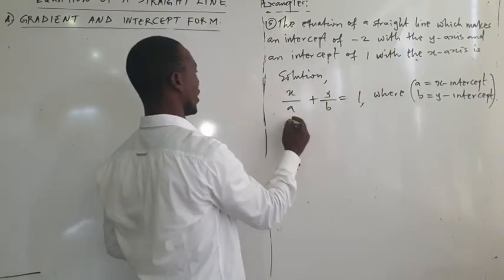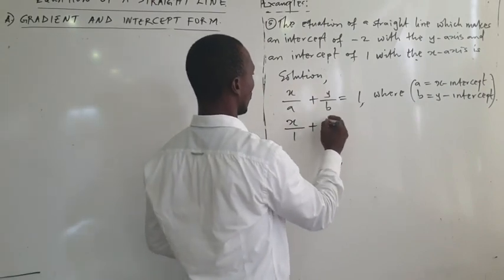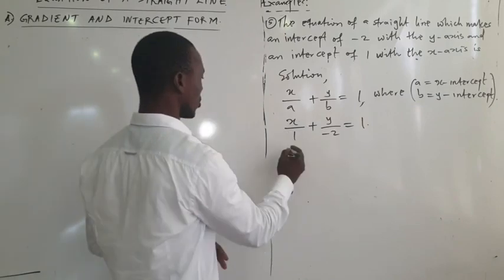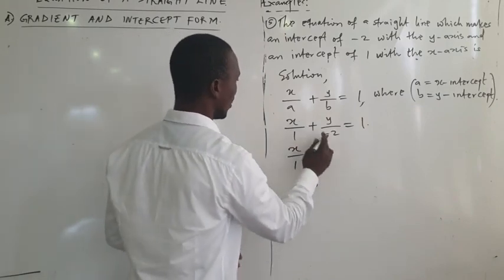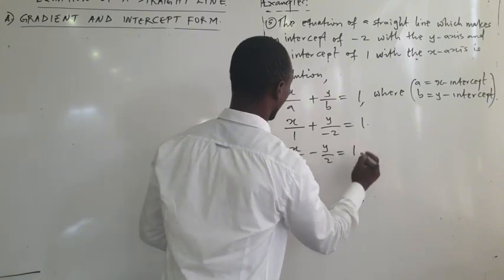Just substitute: we have x over 1 plus y over minus 2 equals 1. So we now have x over 1 plus minus y over 2 equals 1.